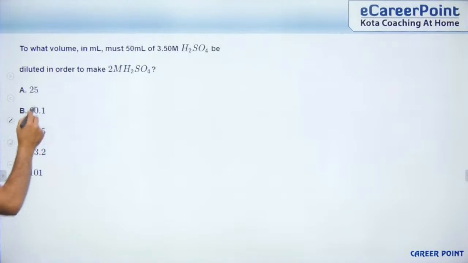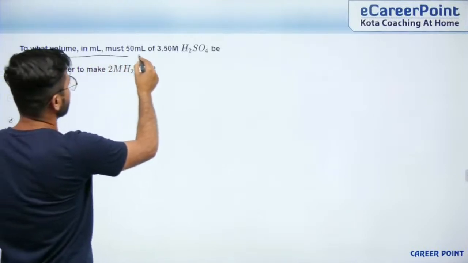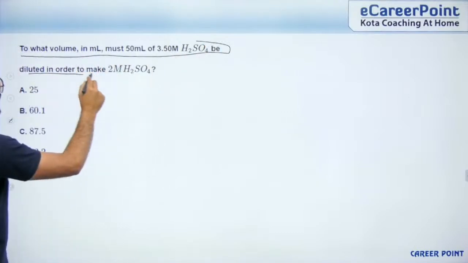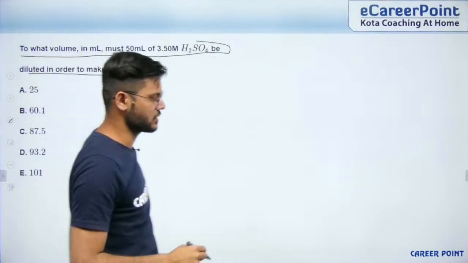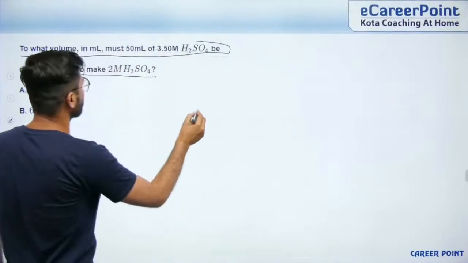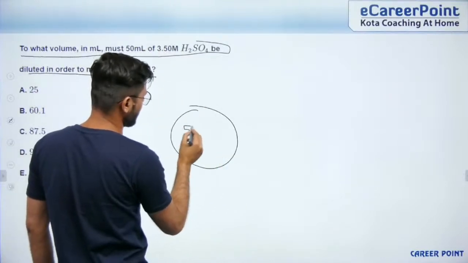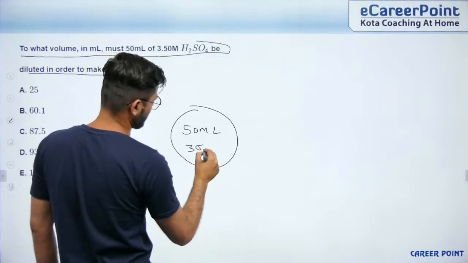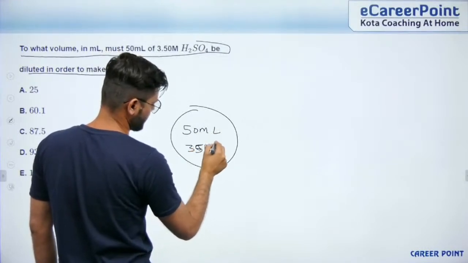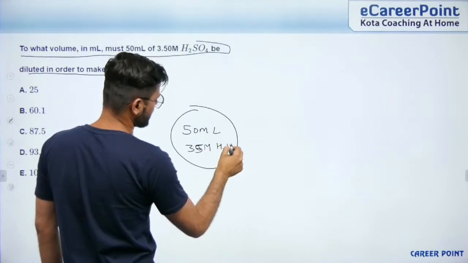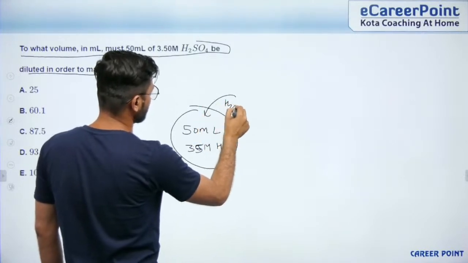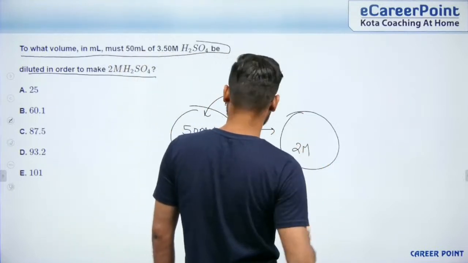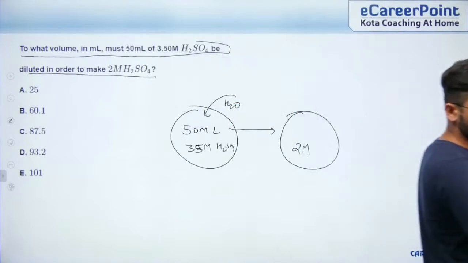So try this question. To what volume in ml must 50 ml of 3.5 molar H2SO4 be diluted in order to make 2 molar H2SO4? So it is saying that we have the solution of 50 ml and 3.5 molar H2SO4. How much water should we add to make this solution 2 molar? Can you do it?